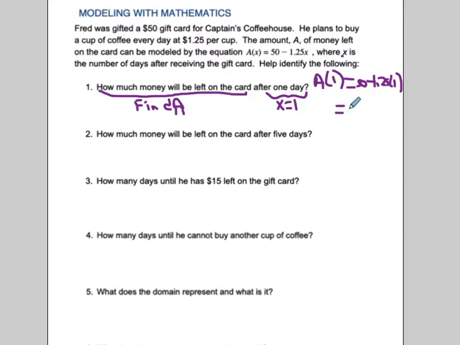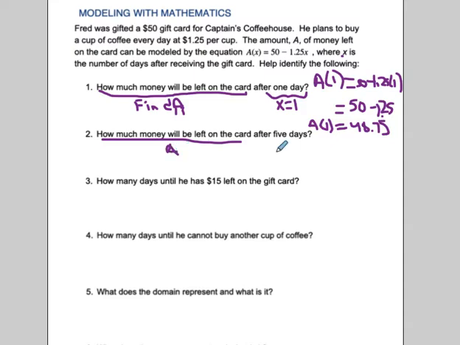So it's 50 minus 1.25 times 1, which is 1.25, and 50 minus 1.25 is 48.75. So after 1 day, he will have $48.75 left.